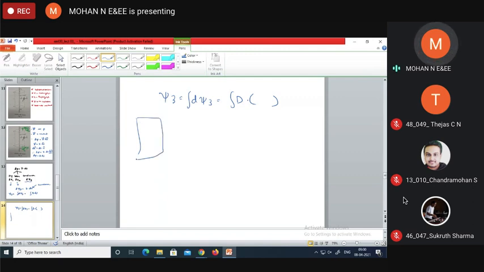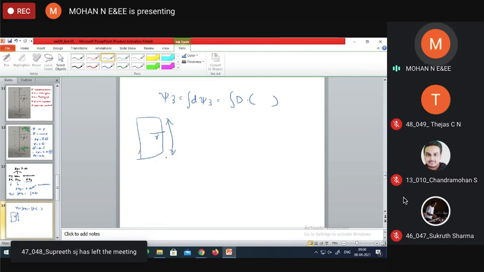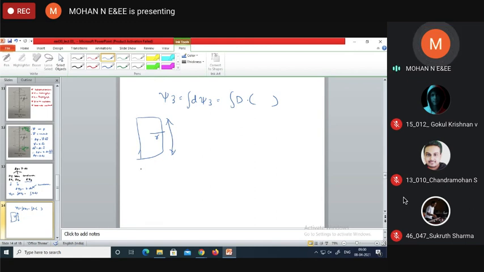So you've got a cylinder like this, and this is the R and this is the L. I want to find the area of this cylinder. 2 pi RL. Exactly. The circumference is 2 pi R, and the length is L, so it is nothing but 2 pi RL.